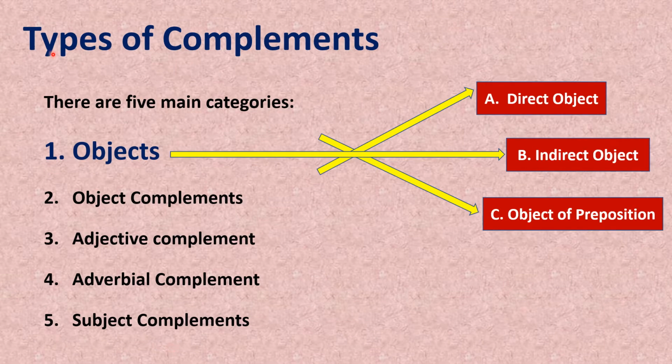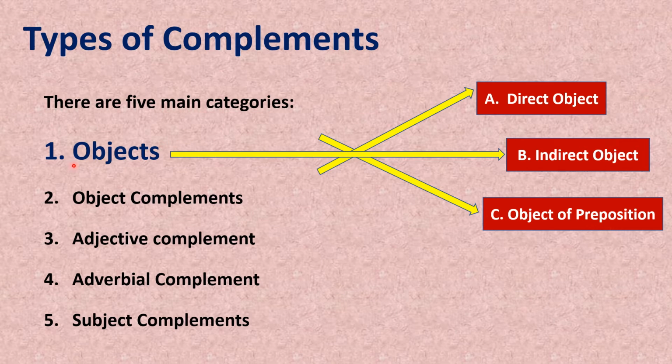Let's talk about the types of complements in English grammar. There are 5 main categories. The first one is known as objects. You can see that object has further 3 different categories: direct object, indirect object, and object of preposition.